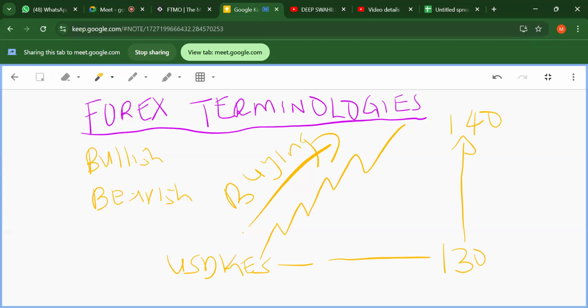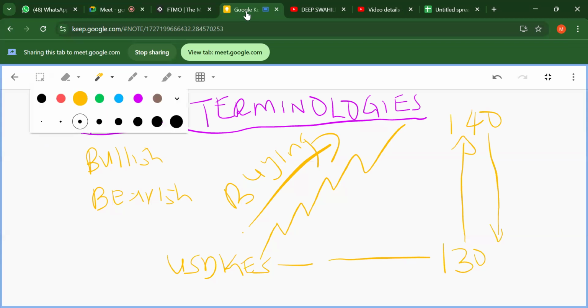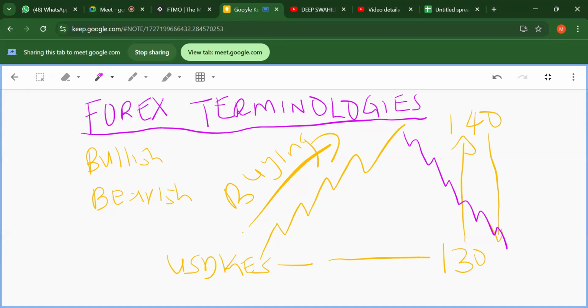Or let's say dollar is dropping from 140 to 130. So that one will be represented by a bearish market. When the market is going down, we say the market is on a bearish trend or on a down trend. So bullish is the same as buy, the same as option, the same as going long. When you hear somebody saying, I'm long on Euro USD, simply he means or she means he's buying or she is buying.